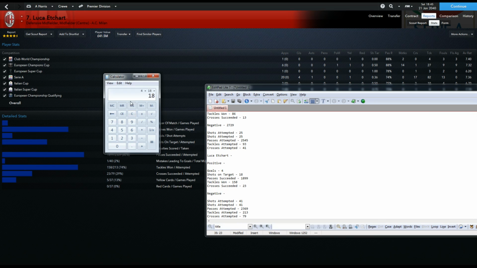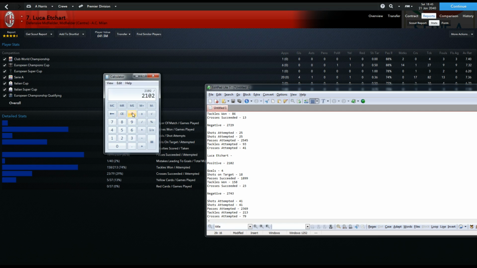4 plus 18 plus 18, 99, plus 158 plus 23 would give us 2102, and in his negative, 41 plus 41 plus 2369 plus 213 plus 79 would give us 2743. Let's just do the math again.